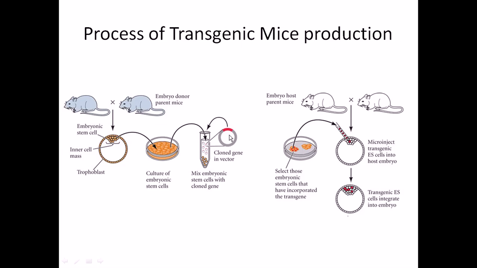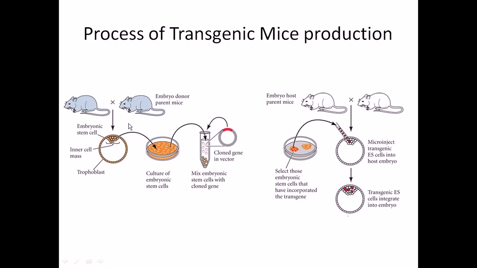Once the cloning is done, we have the gene incorporated into the vector, which is the delivery system, because we cannot directly insert this gene. We can insert this gene directly also, but this is one of the processes of doing it. Now we also need to take the fertilized oocyte.